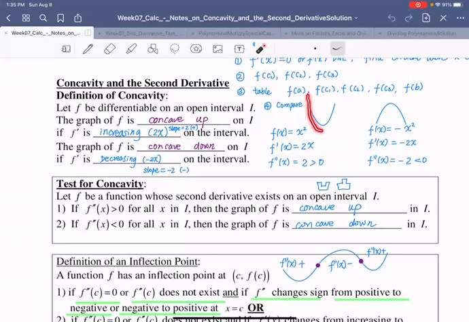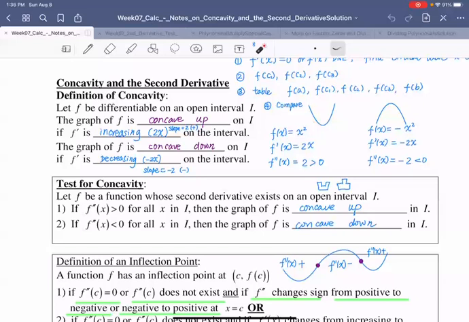I'll say it one more time. If you find this function's second derivative is positive on this interval, you call this graph concave up. If you calculate the first derivative and the first derivative is increasing, by using here or using here, you can call this original function concave up.